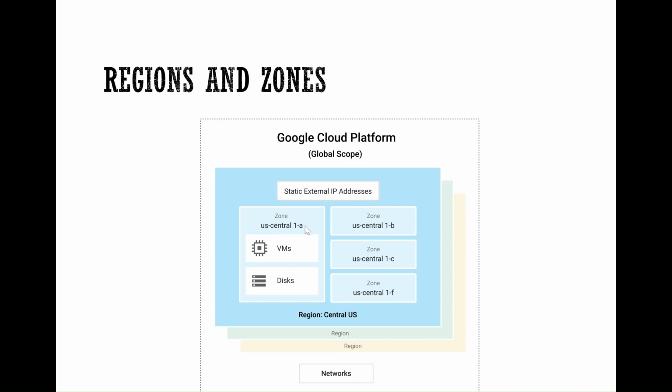So the architecture you are seeing here is a multi-zone architecture. When any of these zones gets disconnected or fails, the other zones listed on the right side will pick up and serve the service. So this is how regions and zones are used to prepare a very robust architecture in GCP.